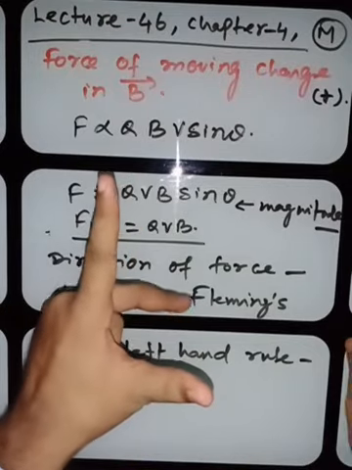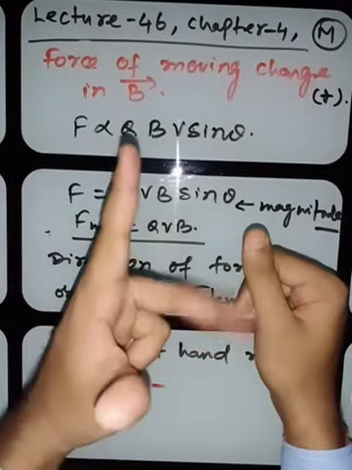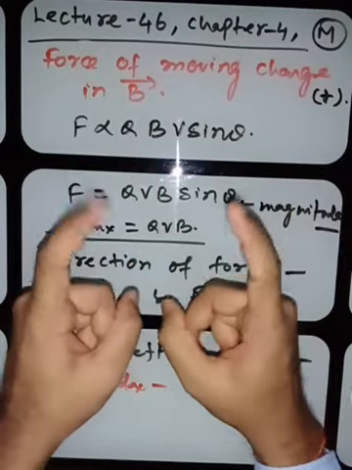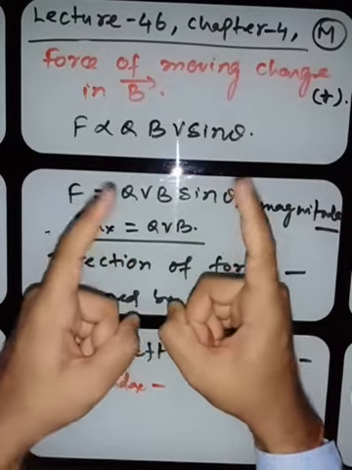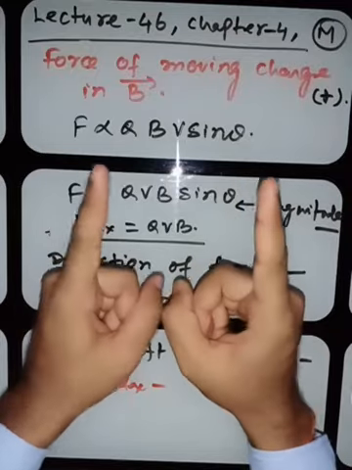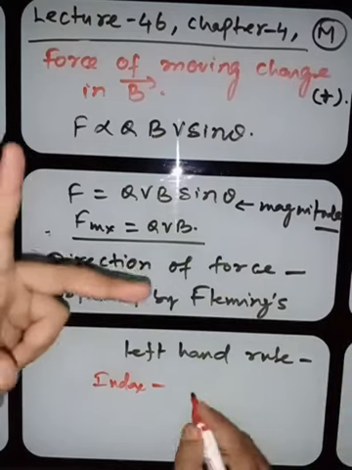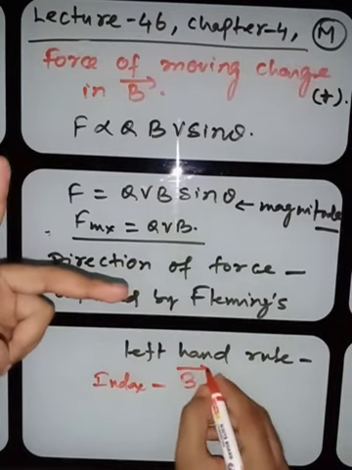Remember, Fleming had two rules, the left hand and right hand rules. In both the rules, this index finger will give you the direction of magnetic field. Try to remember. Yes, this is the direction of magnetic field.